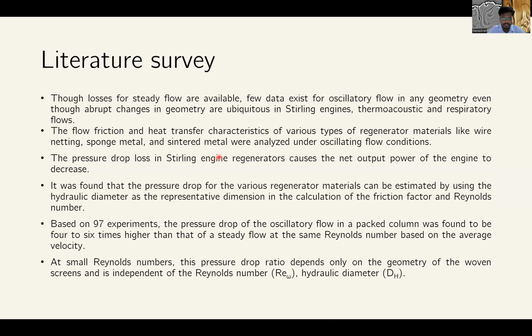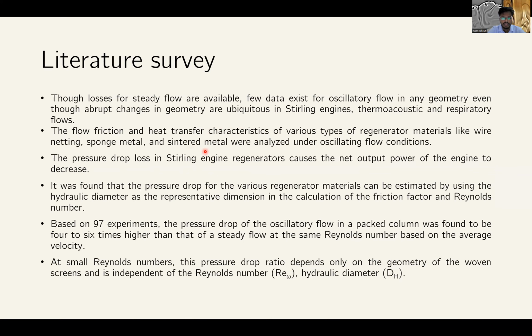Before the early 90s, there was data available for the pressure drop based on steady flow assumptions. But there will be cases of oscillatory flow in any Stirling engine and other respiratory flows. So we have to study the effect of oscillatory flow and the pressure drop because of that.